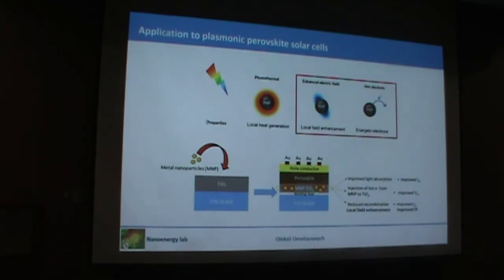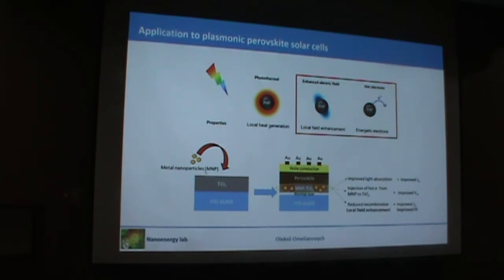Now, moving to the application, as I already mentioned, there are certain phenomena that occur for plasmonic nanoparticles when they interact with light, which are photothermal effect, enhancement of the electrical field, and hot electron injection. Photothermal is out of my interest in the current work, and for application in perovskite solar cells, I'm mainly focused on the enhancement of the electrical field and hot electron injection.